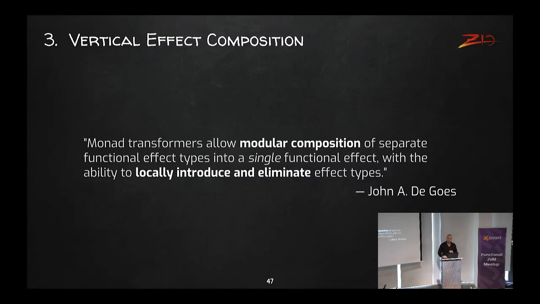They allow modular composition of separate effect types, such as state, writer, reader, error, option, and so forth, into a single functional effect with the ability to locally introduce and eliminate effect types, at least the effect types that you know about.